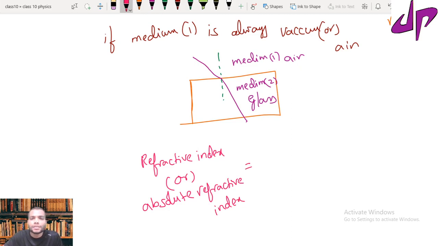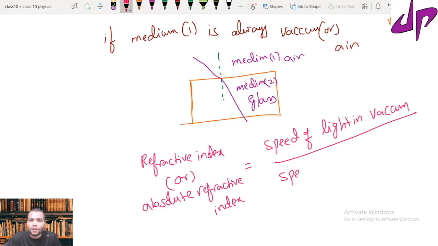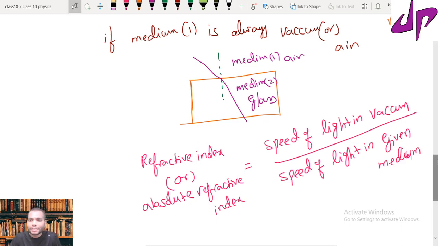So its formula is speed of light in air or vacuum. They both have almost equal speed, but it's better for us to write speed of light in vacuum upon speed of light in given medium. So we can represent that in symbolic form.